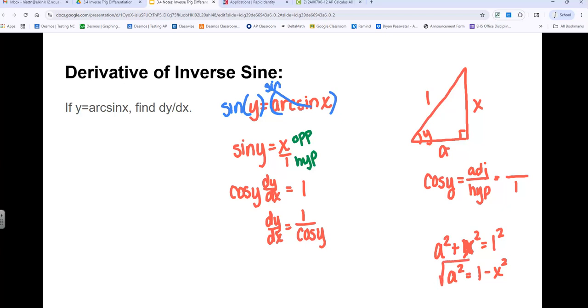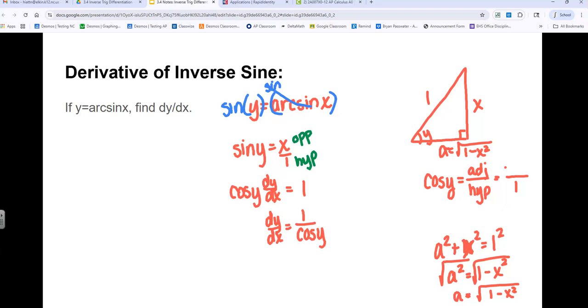And then I would square root both sides. So a would equal the square root of 1 minus x squared. So this adjacent side right here is the square root of 1 minus x squared.